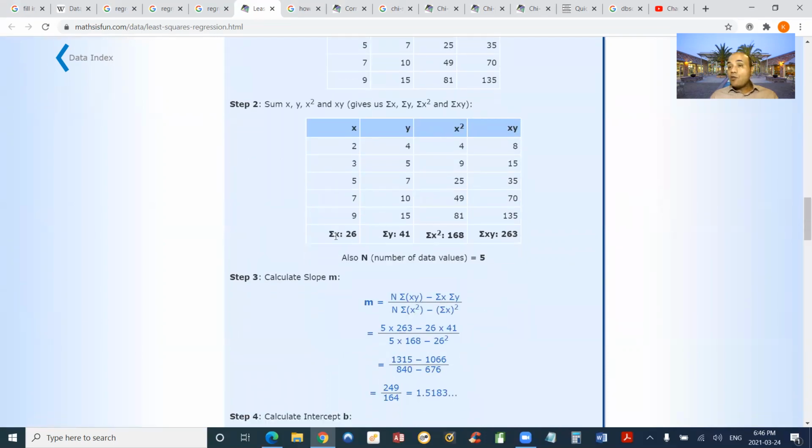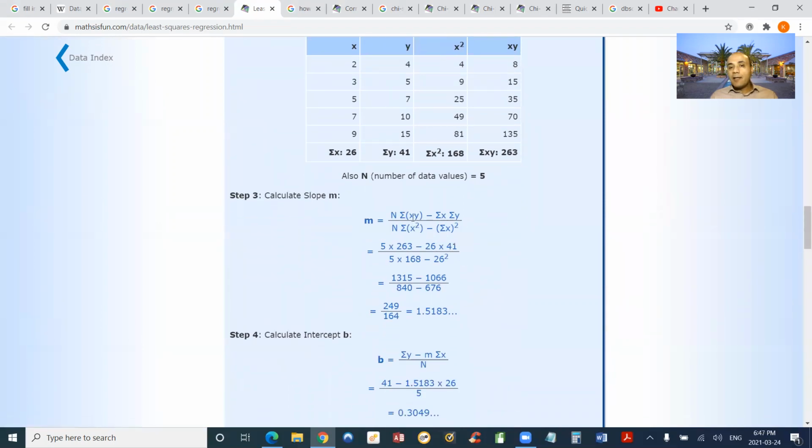I'm going to have summation of x, summation of y, summation of x2, summation of xy, and I'm going to put the numbers here. Summation of xy, summation of x, and summation of y as two separate numbers. You're going to multiply them, with the summation of x to the power of 2 and the summation of x, all to the power of 2, and that's going to be your slope.